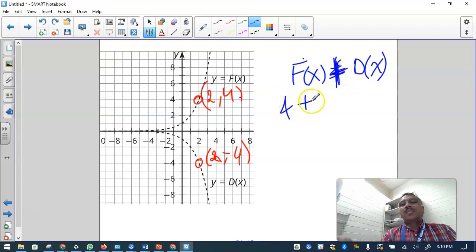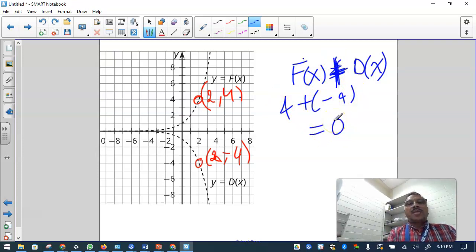So adding 4 plus minus 4, and you get 0. So each time you will see this point will be here, and you can take this point and this point, you add them, you get this point. So basically you get a line, the y-axis. The new function will be a line.